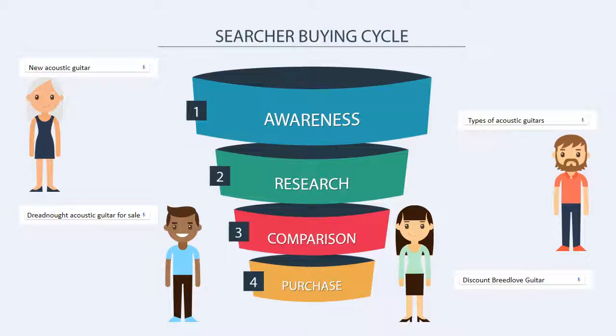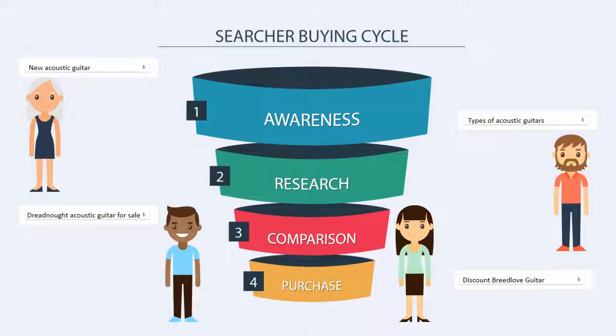When the user searches for types of acoustic guitars, they have moved to the research phase. In the previous step, they became aware of how many considerations there are in buying a new acoustic guitar, and now they are looking to narrow down options to fit their needs. While they are closer to a transaction, they are still far from the final sale. This could be a terrific opportunity to inform them about your product or service and how it could support their needs.